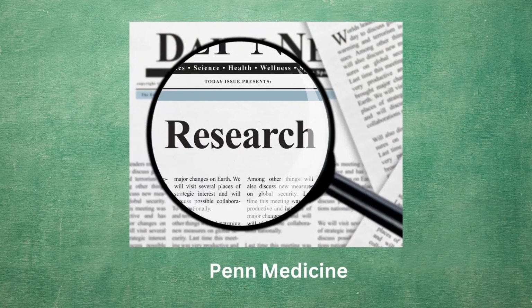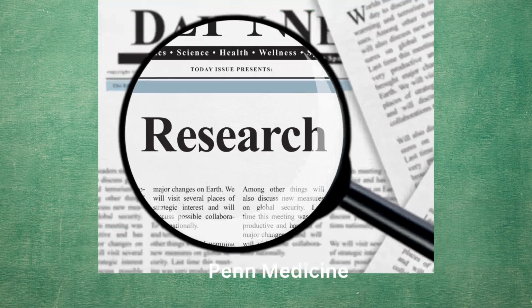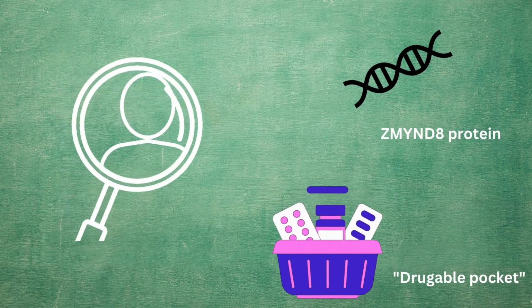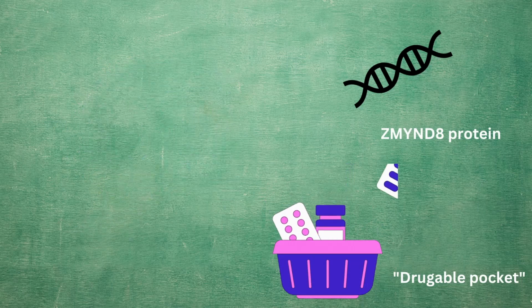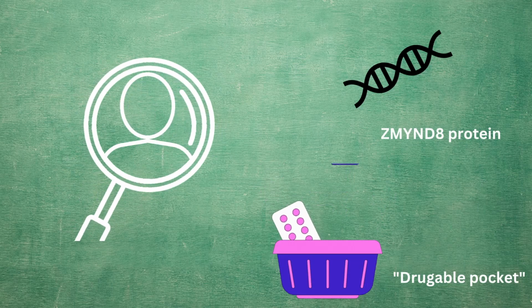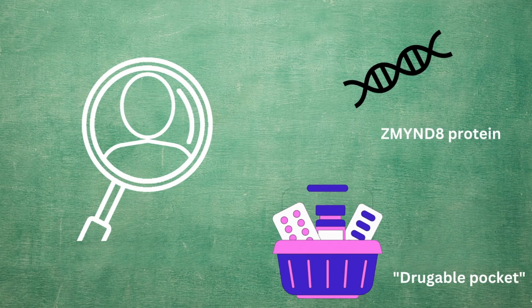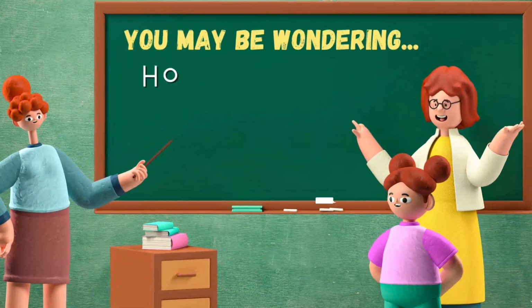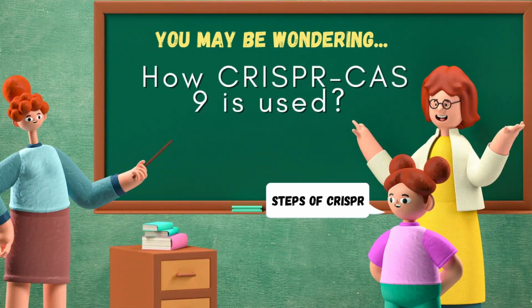A recent study conducted by Penn Medicine published an article highlighting their new discovery. They found that the majority of cancer cells in patients with AML relied on a protein called ZMYMD8, and with the help of CRISPR-based screening, they were able to find the exact stop called druggable pocket to target the protein and treat it.